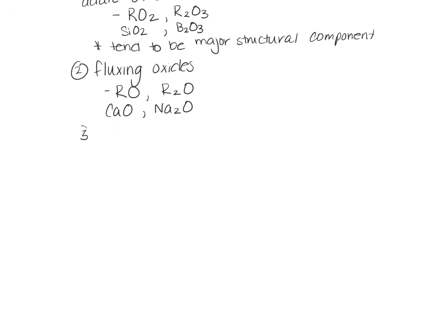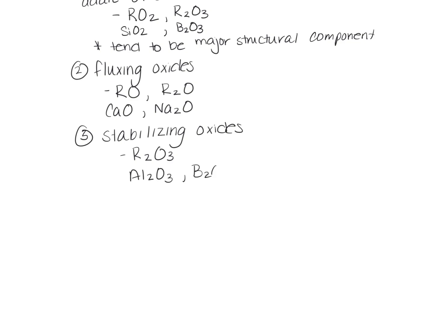The third type are stabilizing oxides. And these would be things that have the formula R2O3, like aluminum oxide, right? Boron oxide.